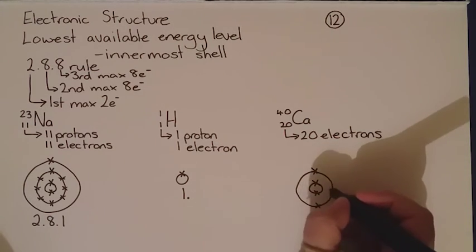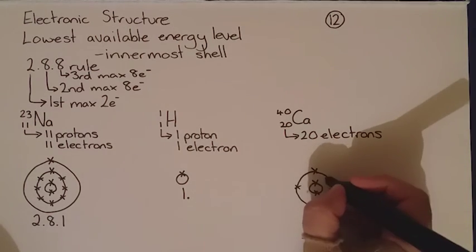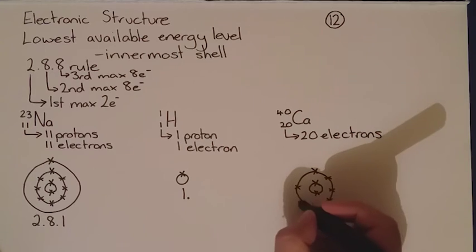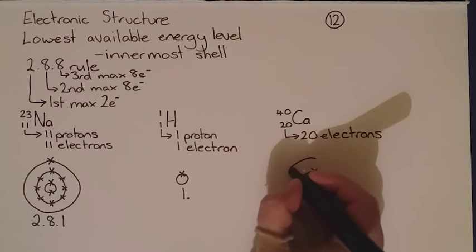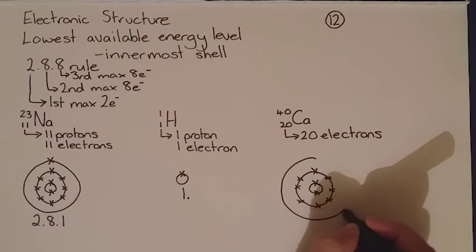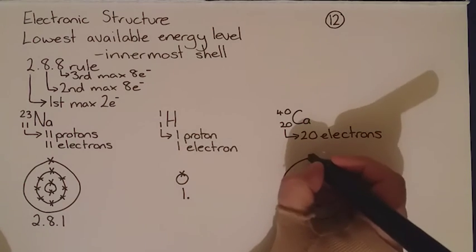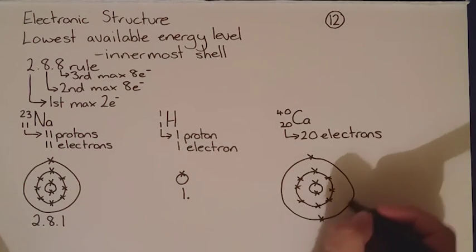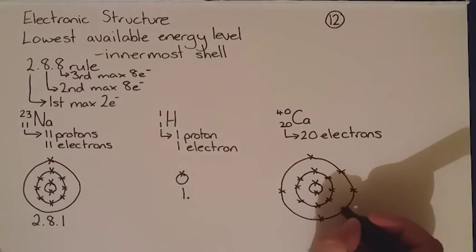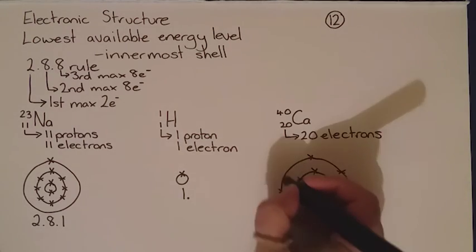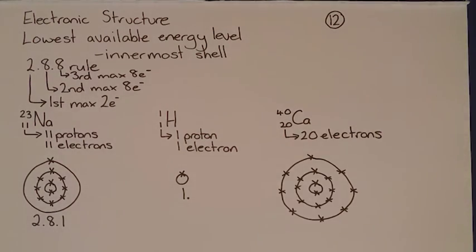The next shell takes 8, bringing us up to a total of 10. The next shell holds another 8, bringing us up to a total of 18. But we need 20.